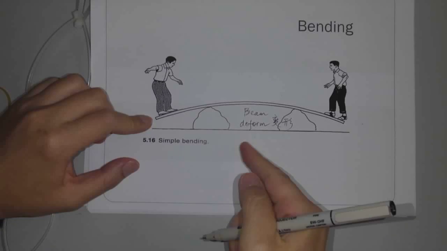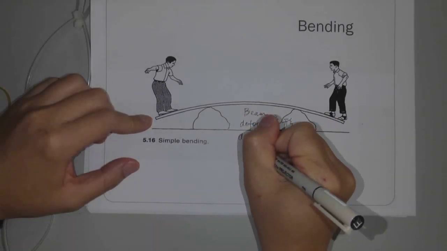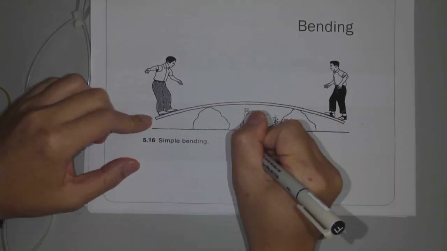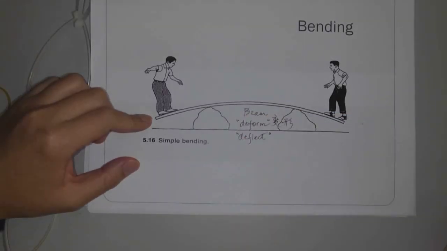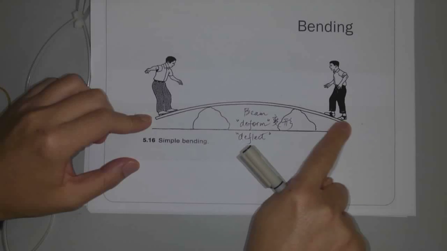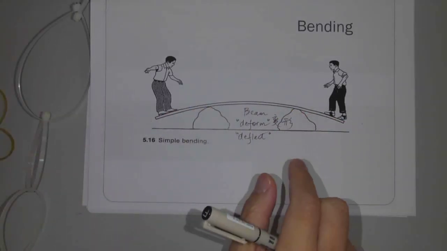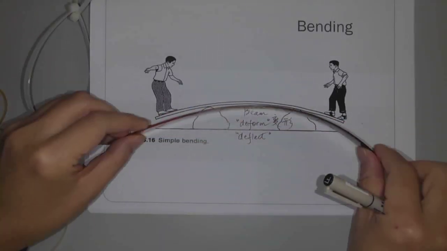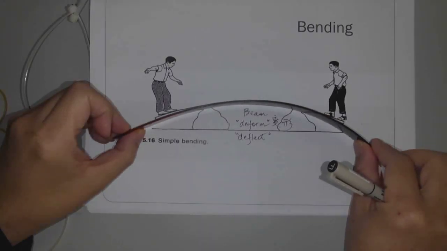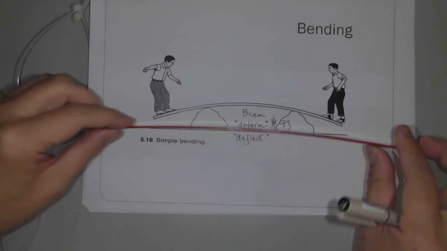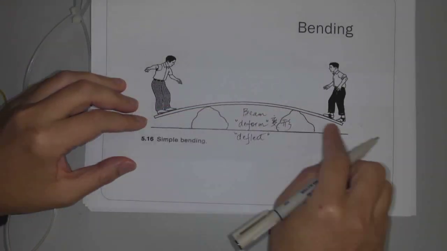Another word, exactly the same meaning, is deflect. Alright, so the beam deflects like this. You can say it deflects sort of upwards or deforms like this. And there is a technical term to describe that thing.